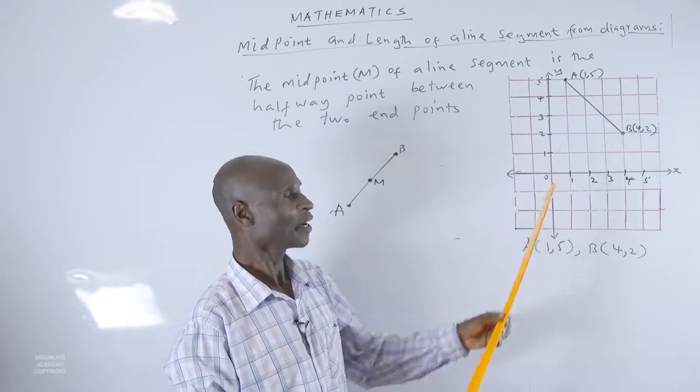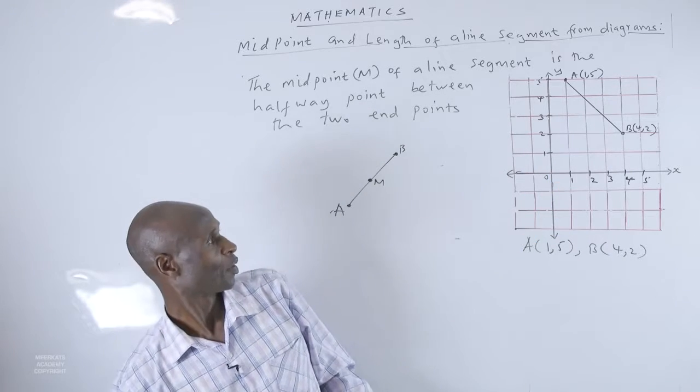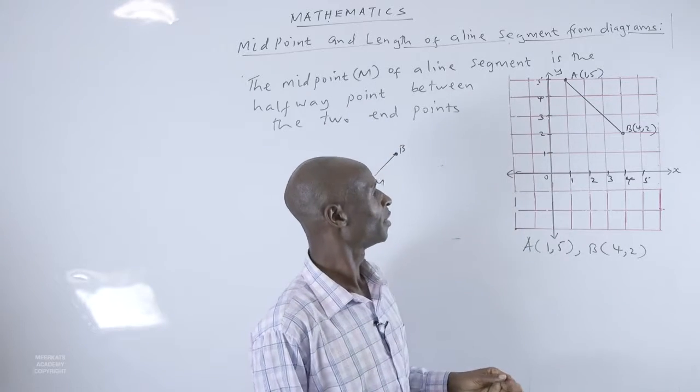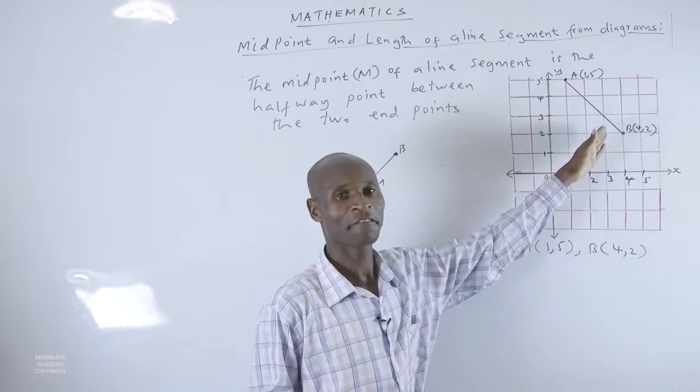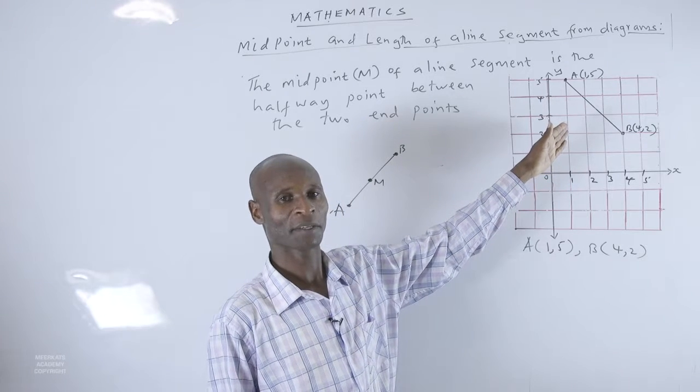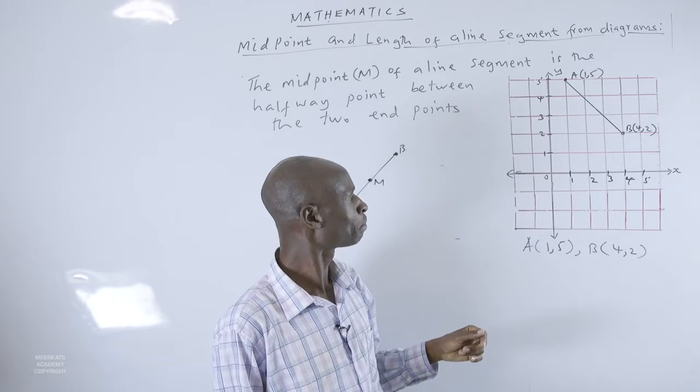Now, from the diagram that we have drawn, we have a line segment AB. From that line segment, we can identify the midpoint without necessarily calculating, but by just inspection.